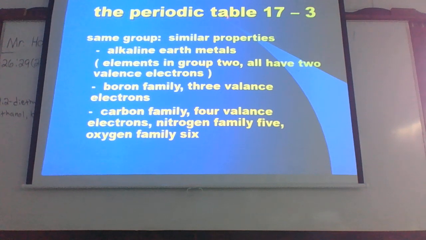So, again, when we talk about if it's in the same group, it's going to have similar properties. Okay? So, alkaline earth metals, they're all in column 2. So, they're all going to have 2 valence electrons, giving them not identical properties, but fairly similar ones.